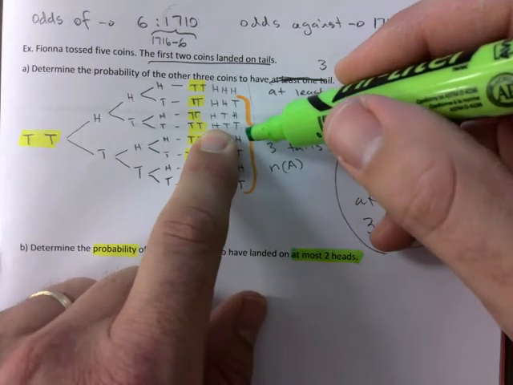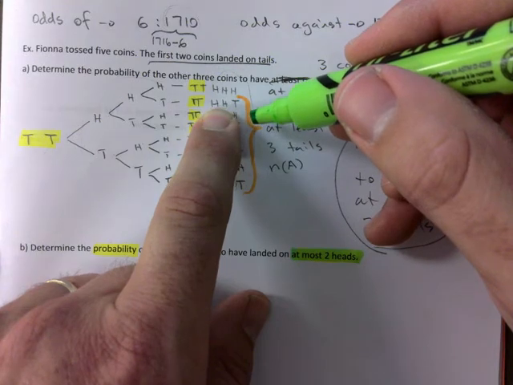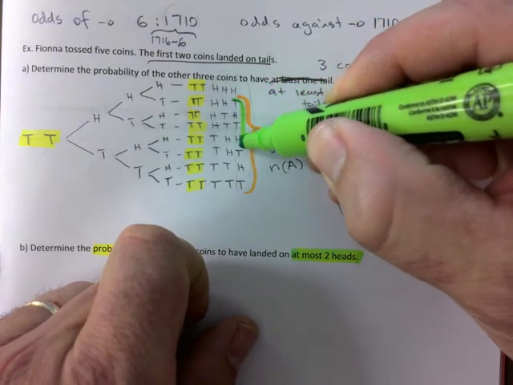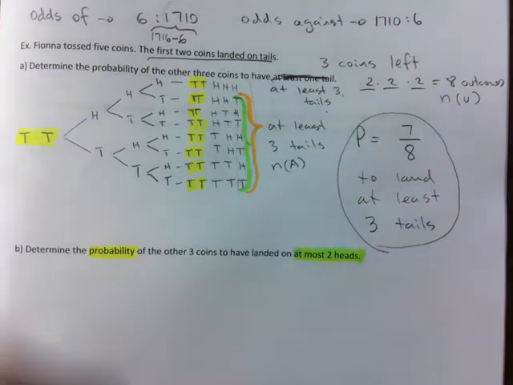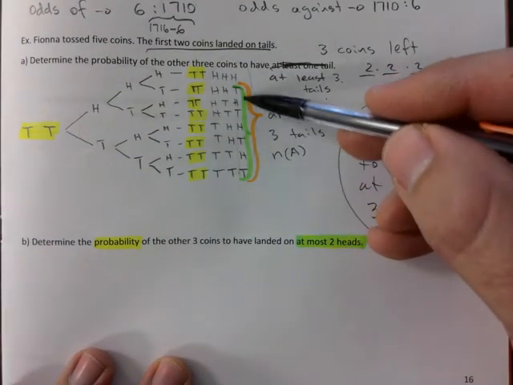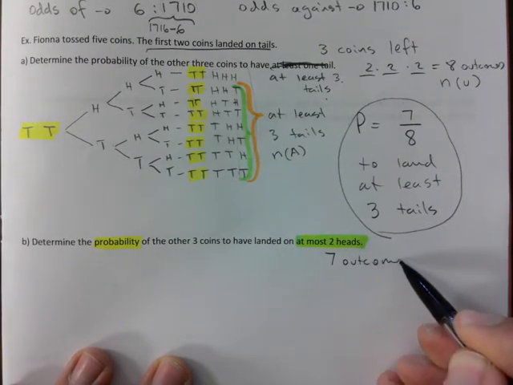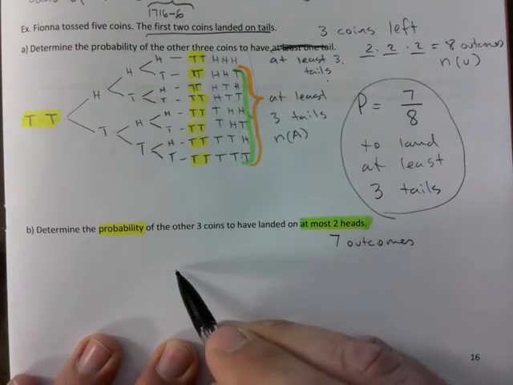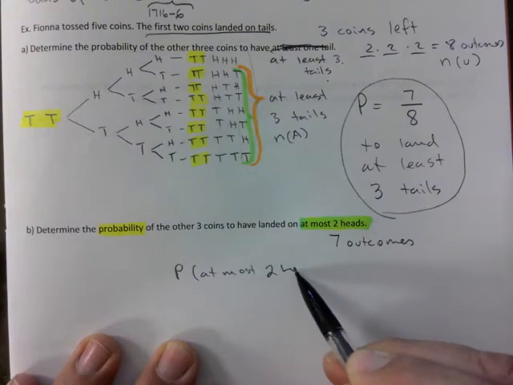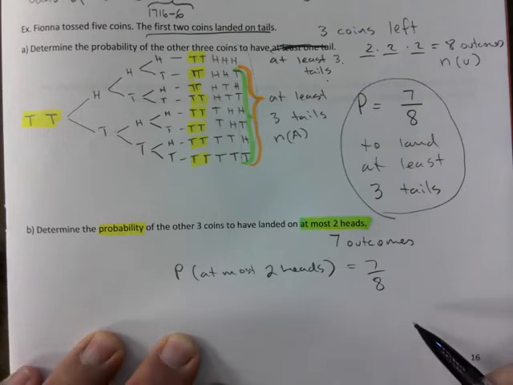This one has 1. This one has 2. And 2, right? So it's basically the same scenario. 0, 1, or 2. It's still talking about this part right there. So it's just asking for a different probability, but we're still talking about the same number of outcomes, 7 outcomes. So the probability of at most 2 heads is going to be 7 out of 8.